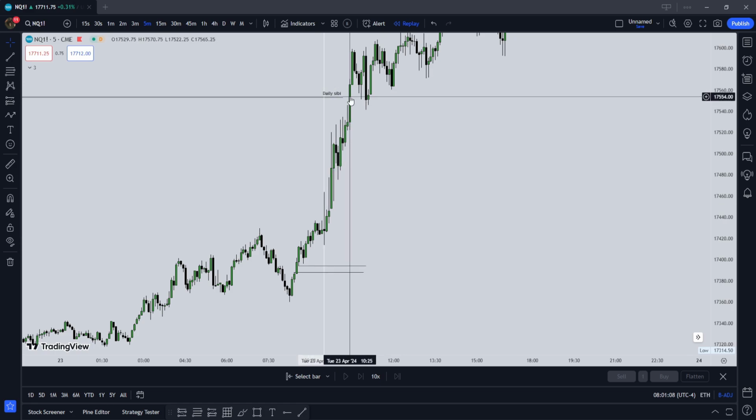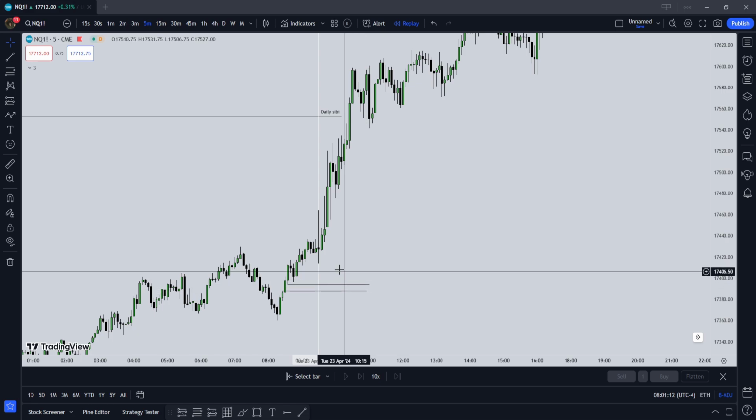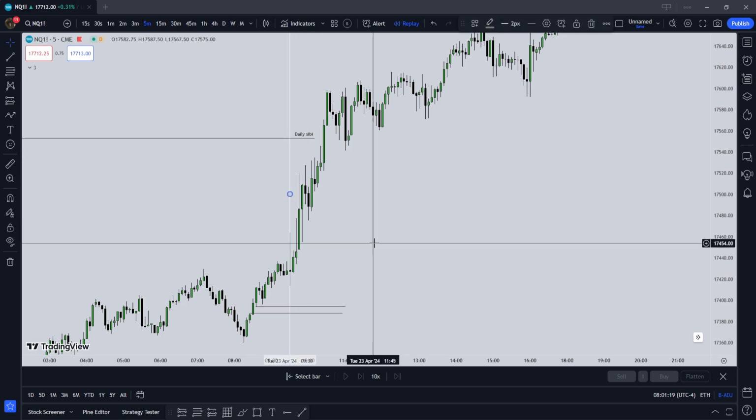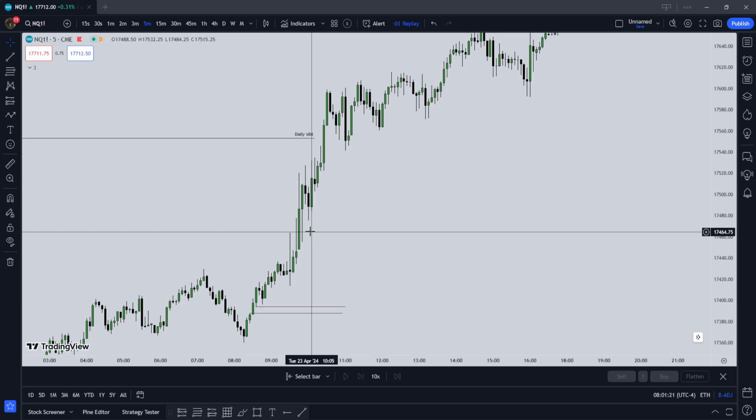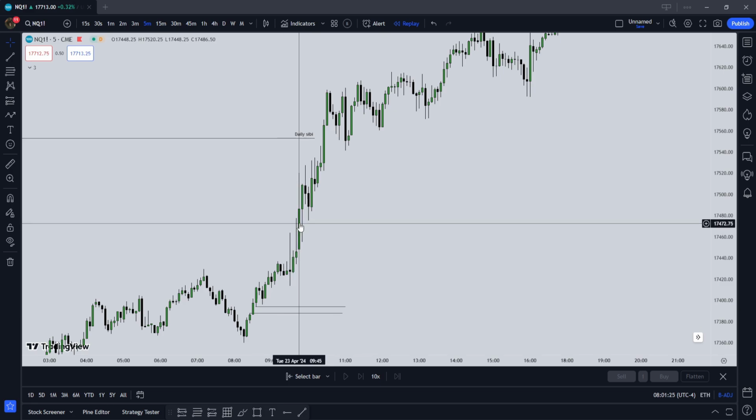Go up there quickly and take that daily target out, or come lower, fill this imbalance, come all the way down to this, and then go up? No. If you look closely, there are no fair value gaps here on a 5-minute time frame. All of these imbalances that there should be are filled with the wicks. So as you can see, this candle filled out this candle's imbalance. So everything is immediately rebalanced.